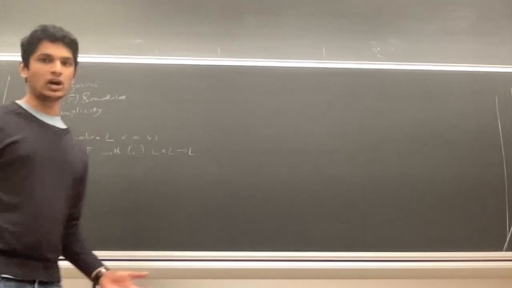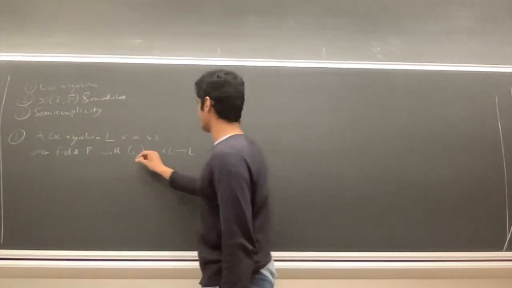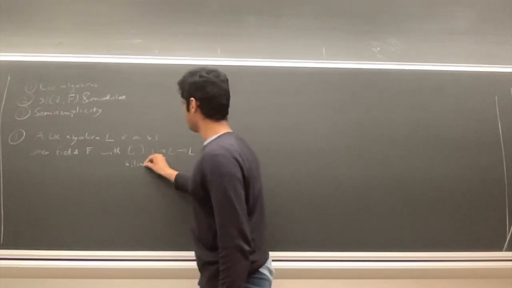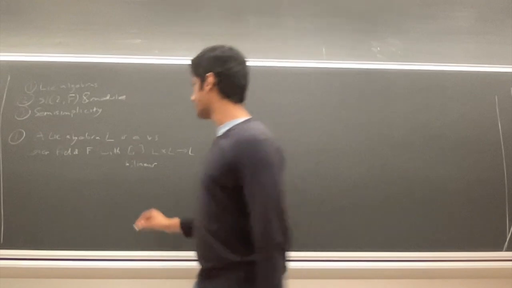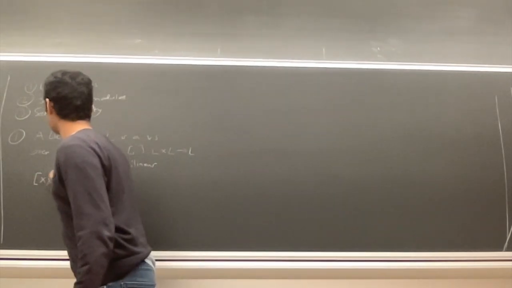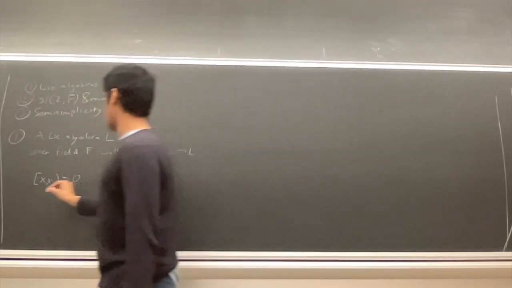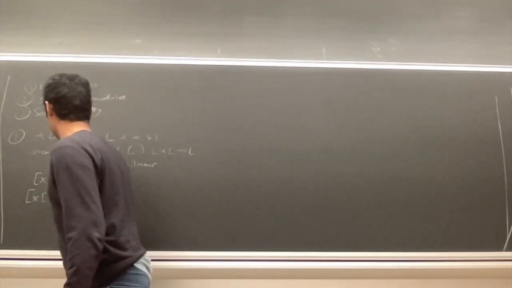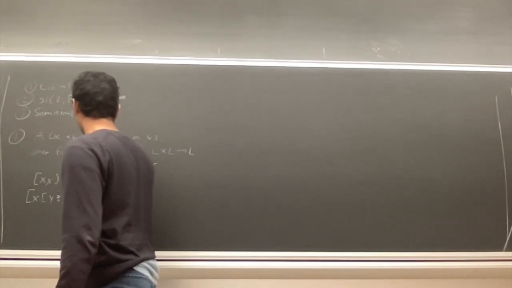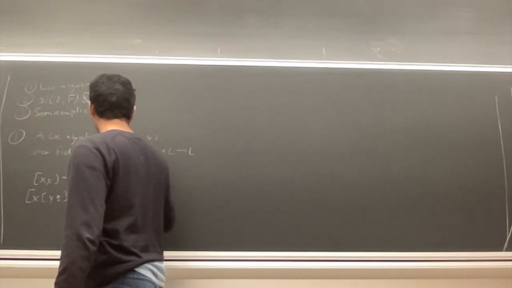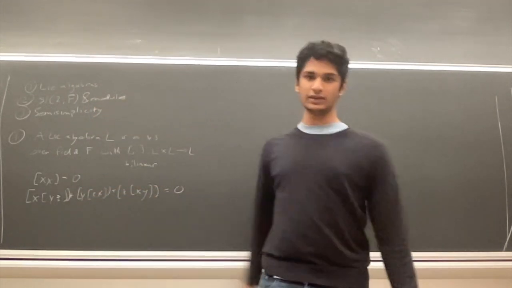Now this Lie bracket operator is going to be bilinear, and it's going to satisfy two axioms, and they are: bracket xx is 0, and this so-called Jacobi identity.